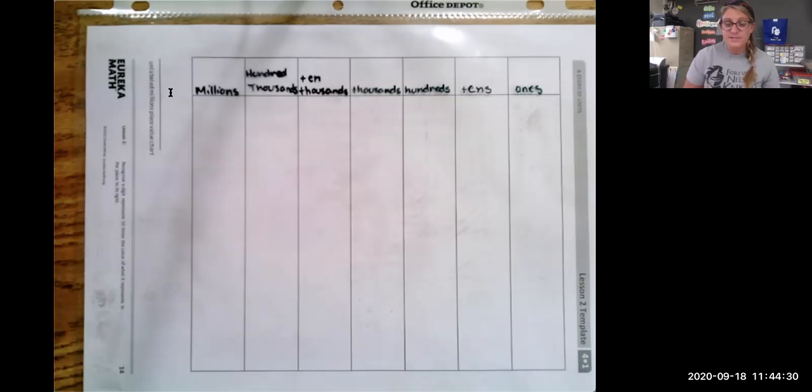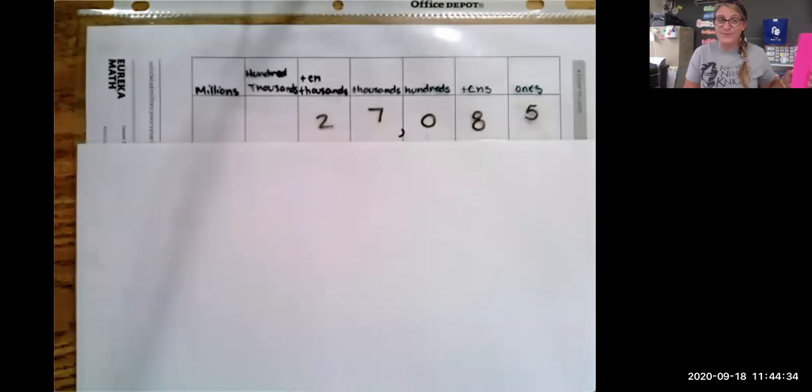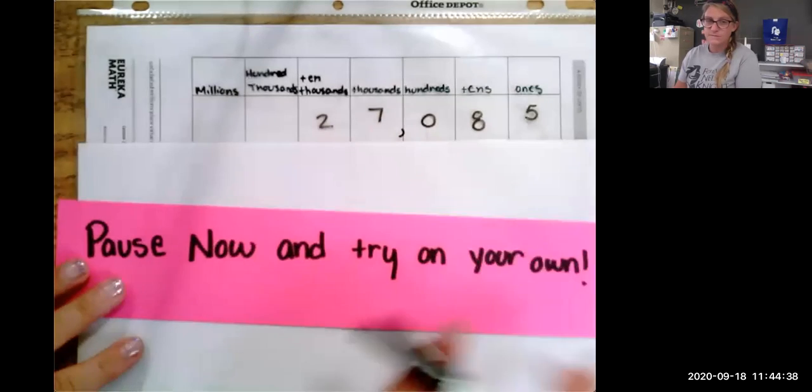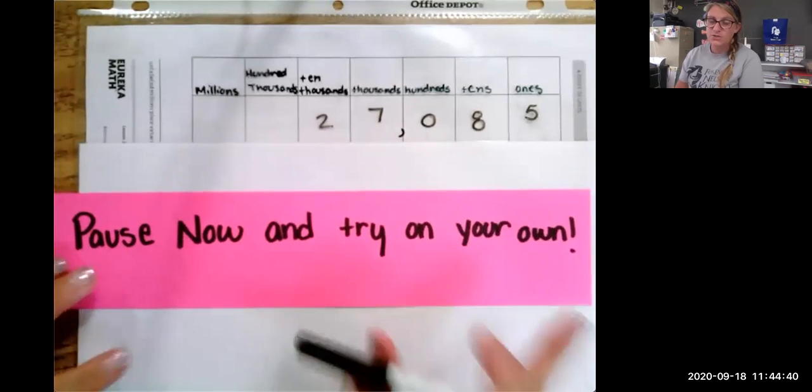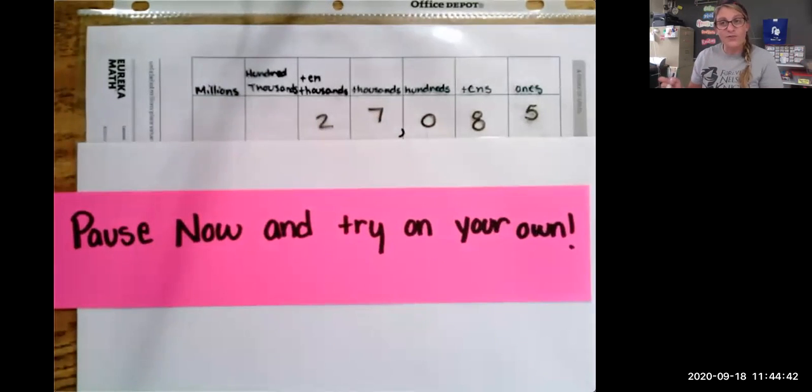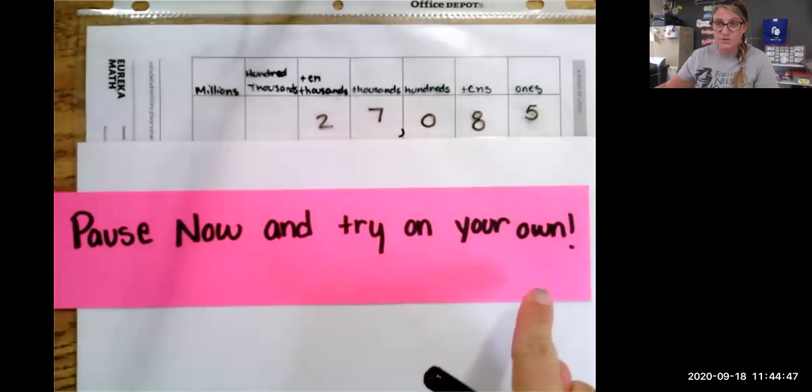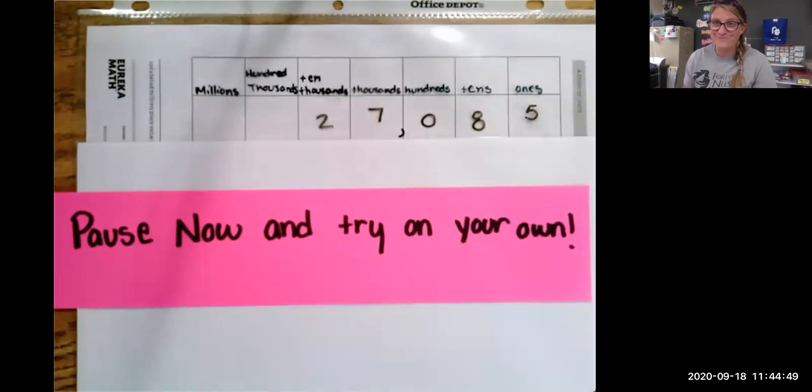After you write those digits, I want you to try on your own to see if you can write out the value of each digit. So now you need to pause and try it on your own.